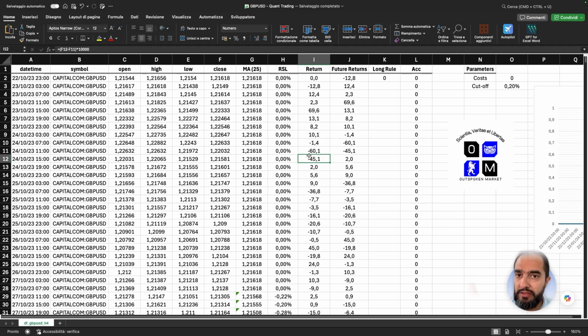To start doing some quant trading, what we need is some data. And according to the Dow theory, everything that is known from the markets, and also according to the efficient market theory, everything will already be in the price. That is not entirely true, although it works like that most of the time.